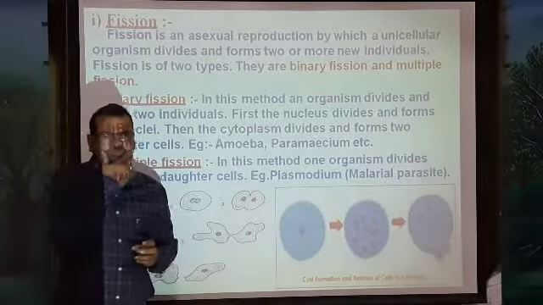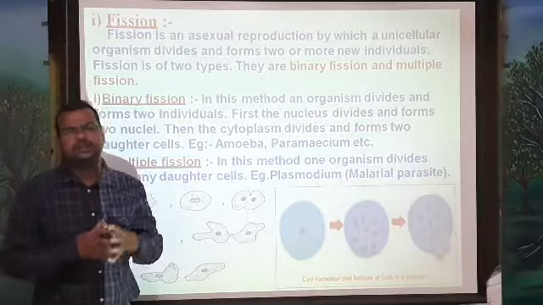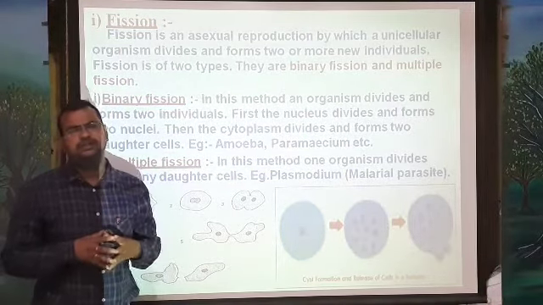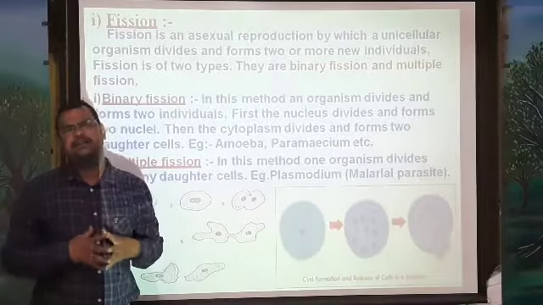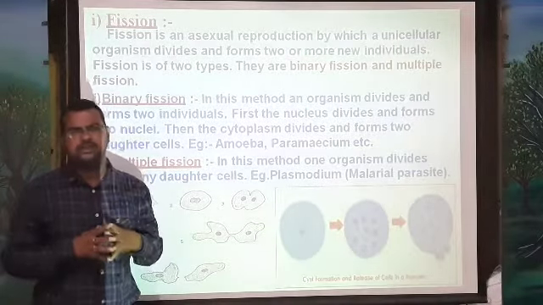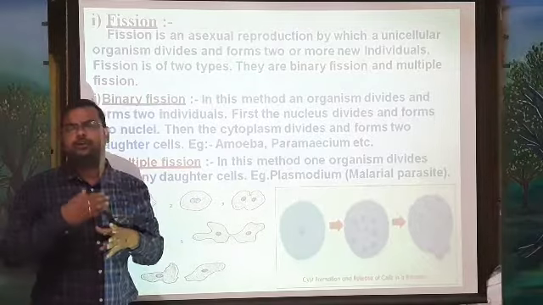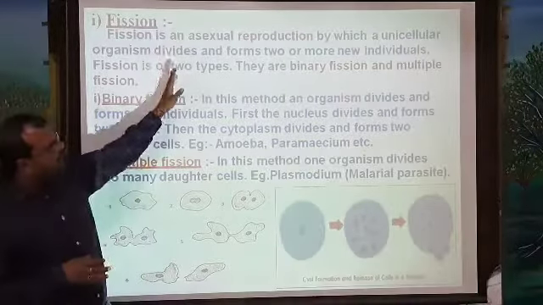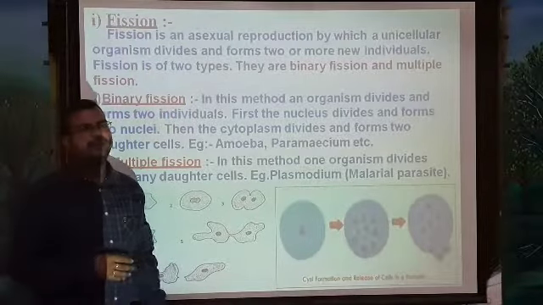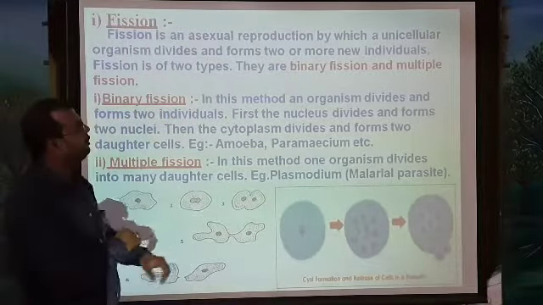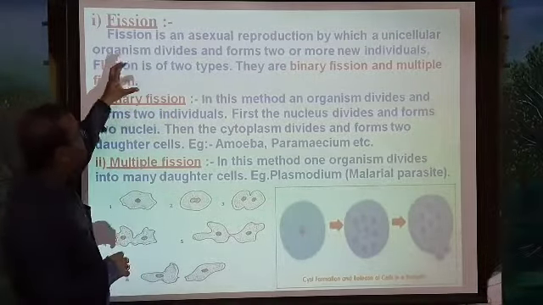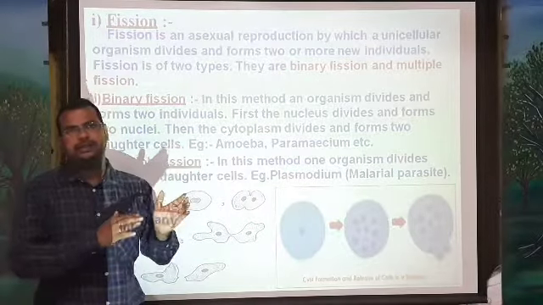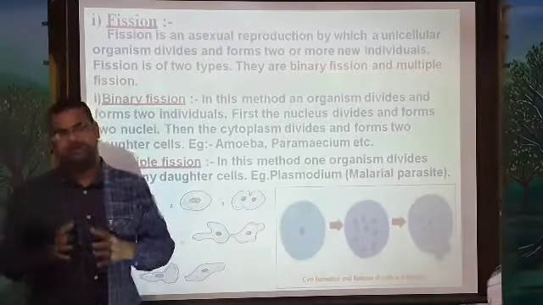As we already discussed, asexual reproduction means only one parent or one organism is involved for producing one more individual. Here, the single organism is going to break into two or more individuals.